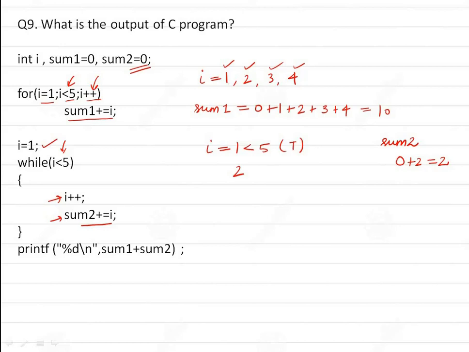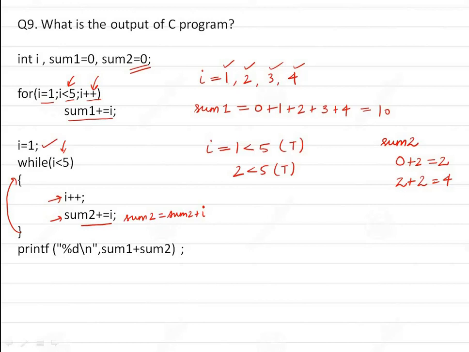We will go back and check 2 less than 5. Yes, this is true. So again this statement is executed: sum2 equal to sum2 plus I. The value of sum2 is 2 right now, the value of I is also 2 right now, so 2 plus 2 is 4. Again we go back and check whether the value of I is less than 5.